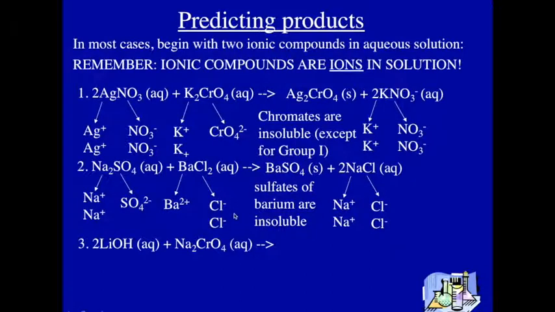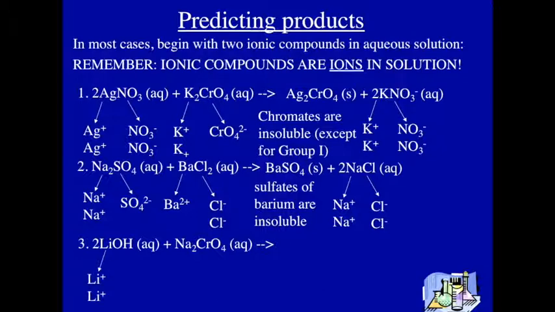One additional example: lithium hydroxide and sodium chromate. Now we know that the group 1s, which include sodium and lithium, their hydroxides are soluble and their chromates are soluble, which means they will dissolve in water.